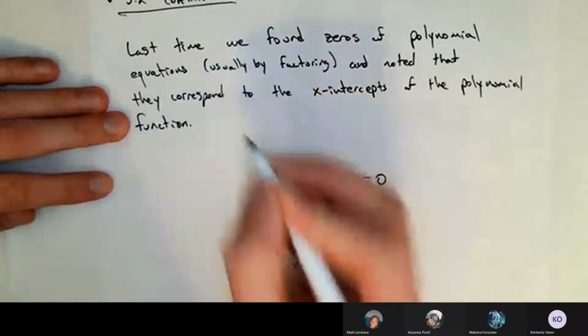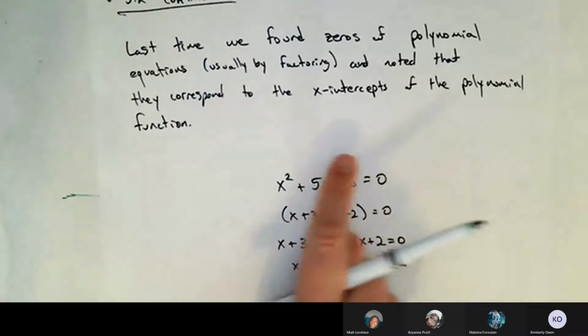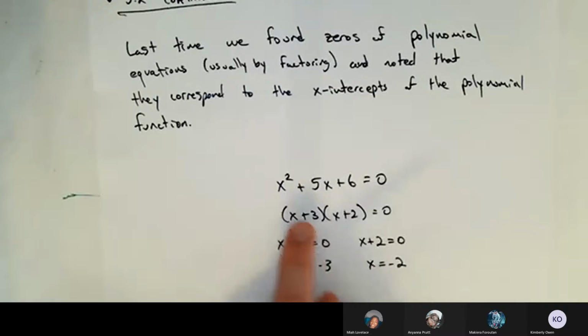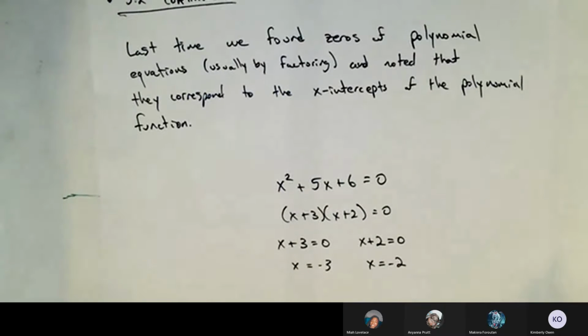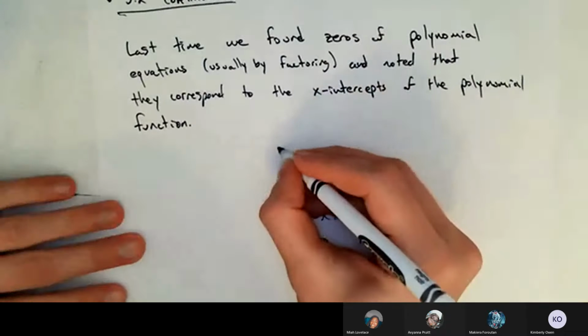What's going on here? This is a polynomial equation. It's quadratic, in fact. A quadratic is a special type of polynomial that's degree 2. And we pulled this from a polynomial function.